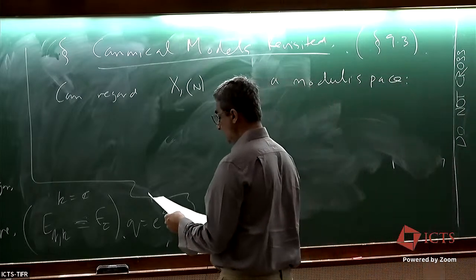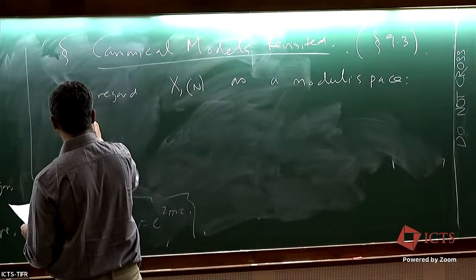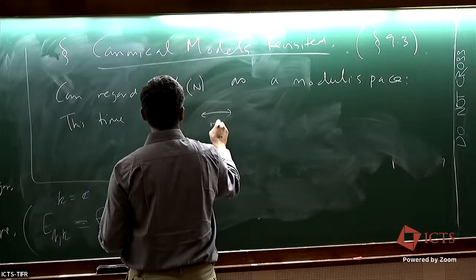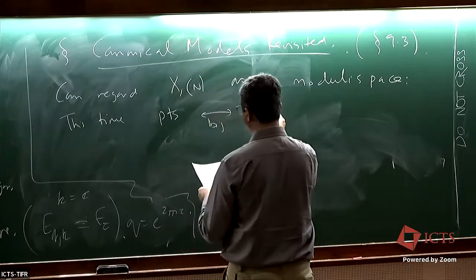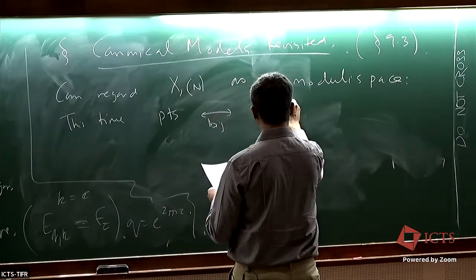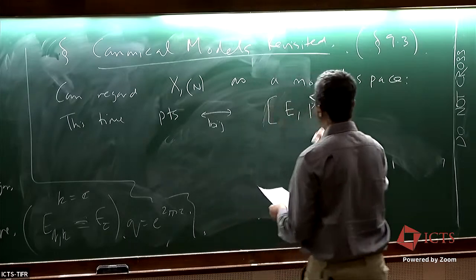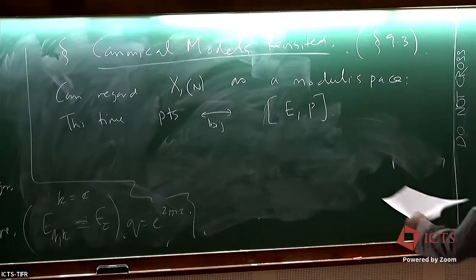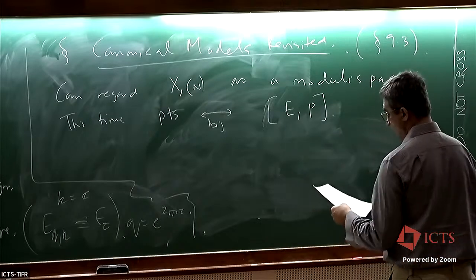This time the points are going to be in bijection with Néron n-gons, or generalized elliptic curves. We had this notation of square bracket (E, P), but E is no longer an elliptic curve, it's just a generalized elliptic curve, and P is a point of order n.